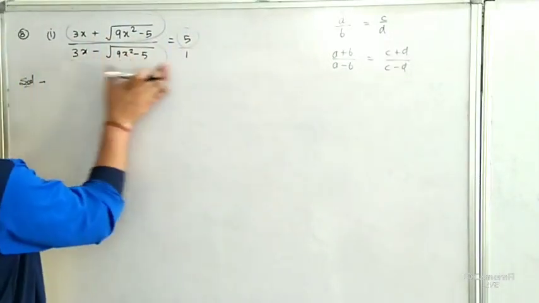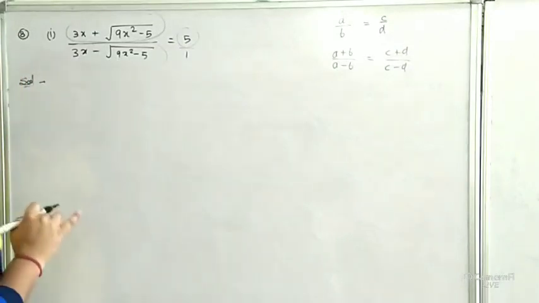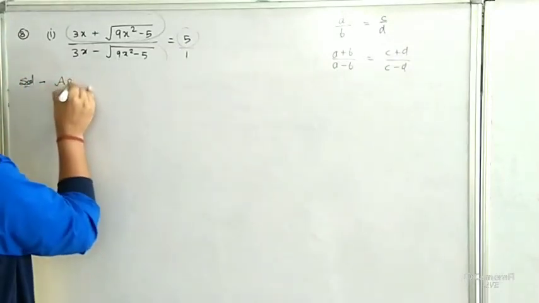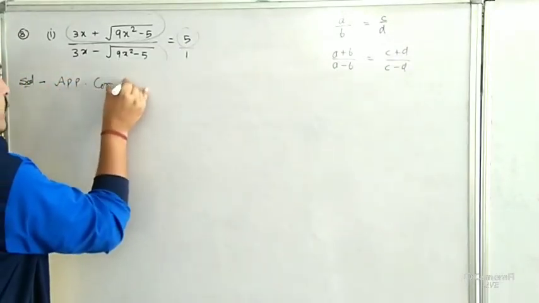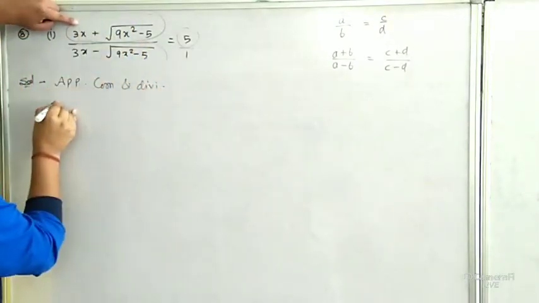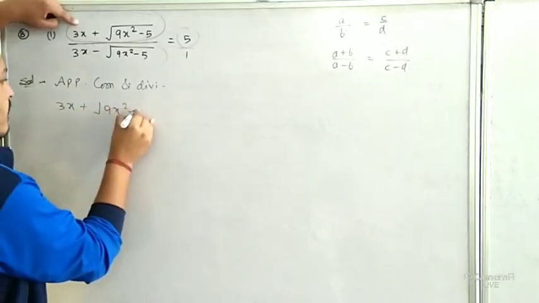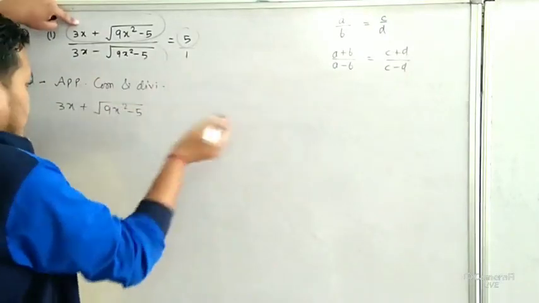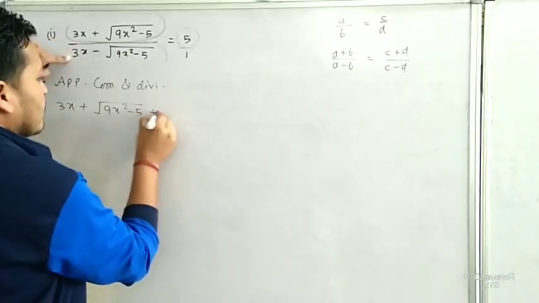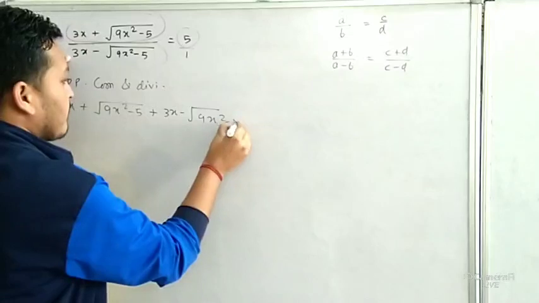Okay, so now this is the final question, 3x plus this thing. So apply componendo and dividendo here. Applying componendo and dividendo, what can we do here? This is a, so 3x plus root 9x square minus 5 is a, then plus b according to the formula, plus b, 3x minus root 9x square minus 5.